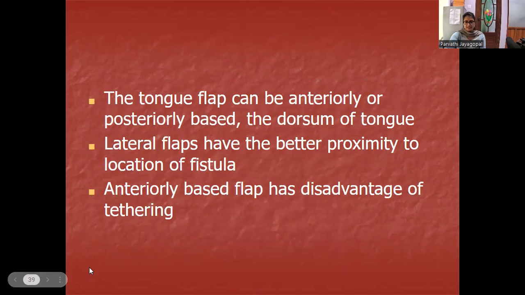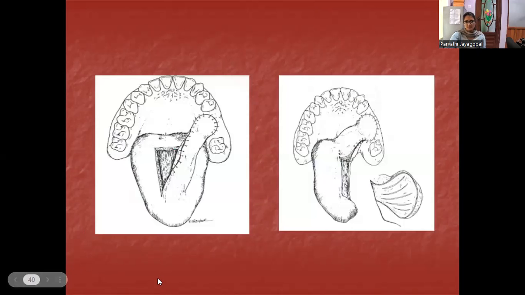The tongue flap can be either anteriorly or posteriorly based, and there's also lateral flaps, which is easier for closure of the oral defect because of its proximity to the location of the fistula. Here you can see anteriorly based flaps and lateral flaps, which are used for the closure of the fistula.